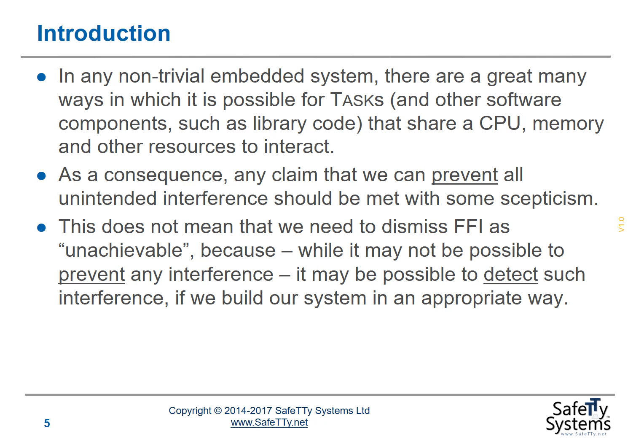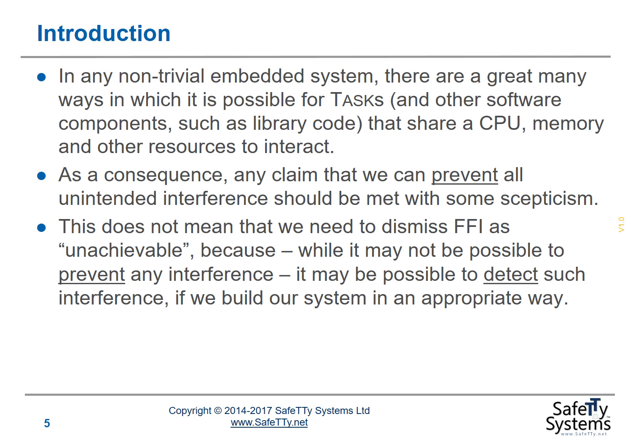Because of the possible interaction between tasks and schedulers in this kind of design, any claim that we can prevent unintended interference between tasks would be difficult to guarantee. In general, I would suggest you should be skeptical if someone tells you that you can guarantee that one task won't interfere with another task.